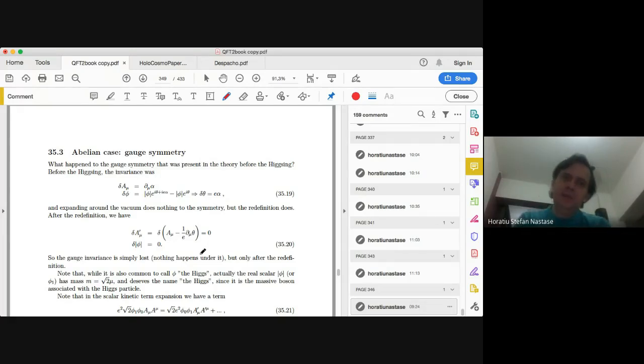So before the Higgsing, the symmetry breaking, the gauge invariance was the variation of A_μ is ∂_μ α, and the variation of φ, that is |φ| e^{iθ + ieα} minus |φ| e^{iθ}, which means δθ is eα.